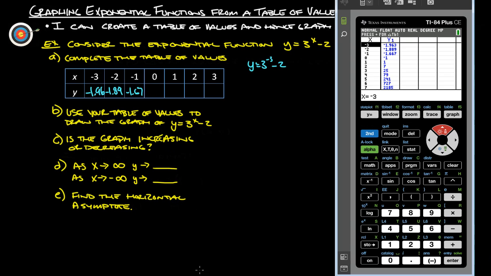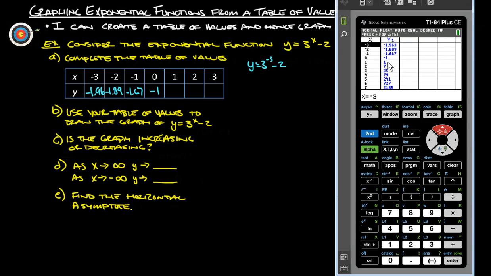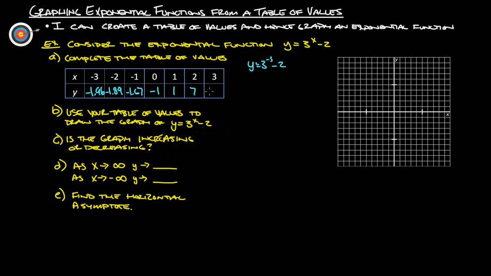And to the 0 power is -1, because that turns into 1 minus 2 is -1. The positive ones would be pretty easy to do without, but since we already have it on the calculator, we might as well use those, right? To the first power is 1, 7, and then 25. So we got 1, 7, 25.